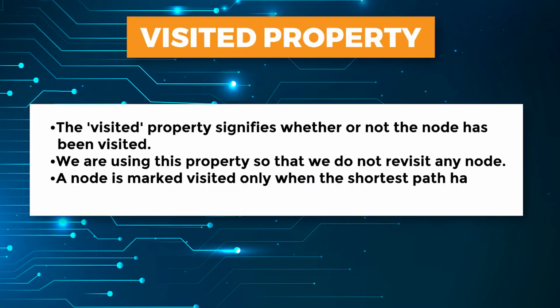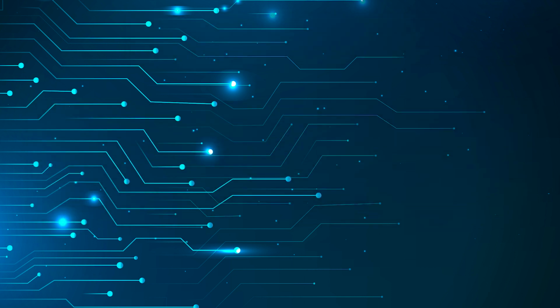The visited property signifies whether or not the node has been visited. We use this property so that we do not revisit any node. A node is marked visited only when the shortest path to it has been found. If you find the shortest path, then you select that path and move on.